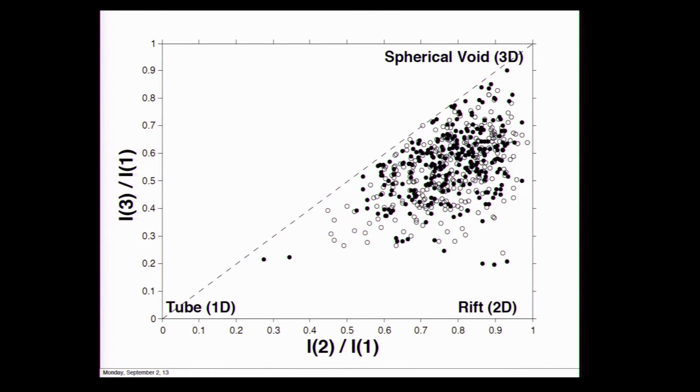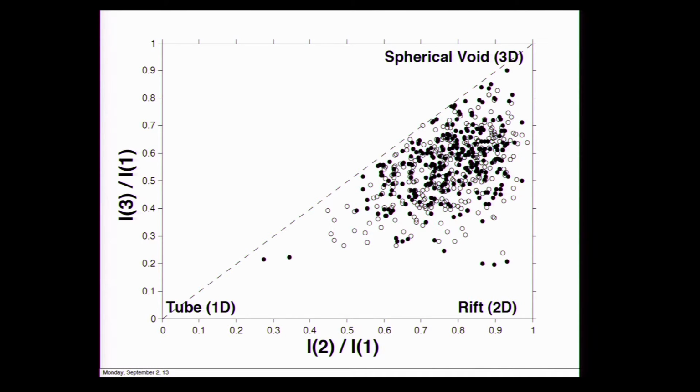Shapes, here's a display trying to get at the shape distribution. What I've calculated is, it's not really complicated, just fit an ellipsoid to the galaxies that sort of circumscribe the void and calculate the moments of inertia of that ellipsoid, and then represent the shape as the ratio of the second largest principal axis to the largest principal axis, and the second largest principal axis to the largest one.